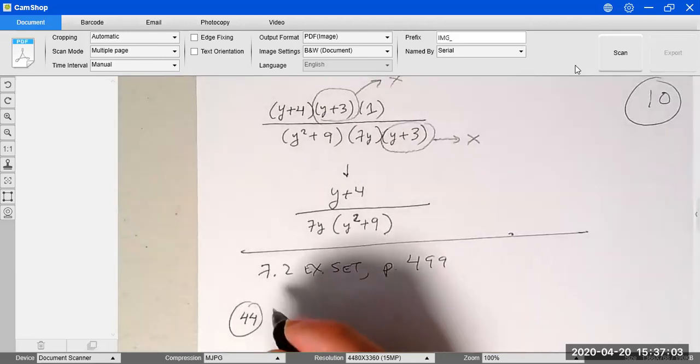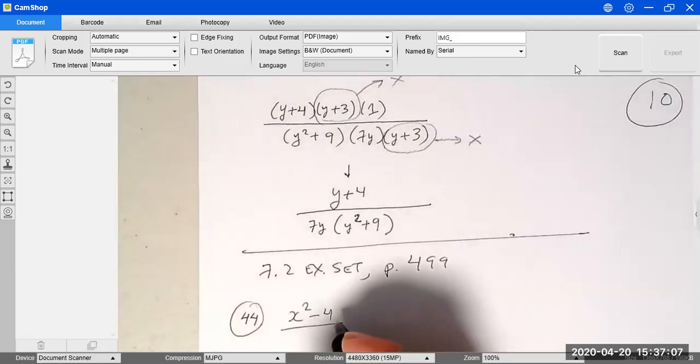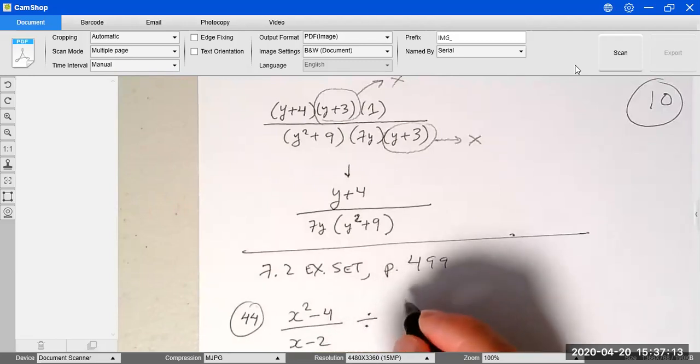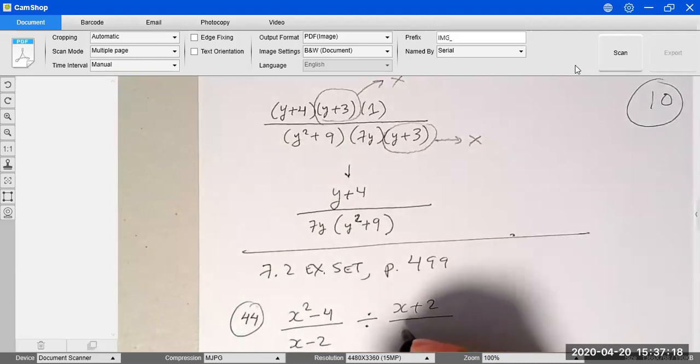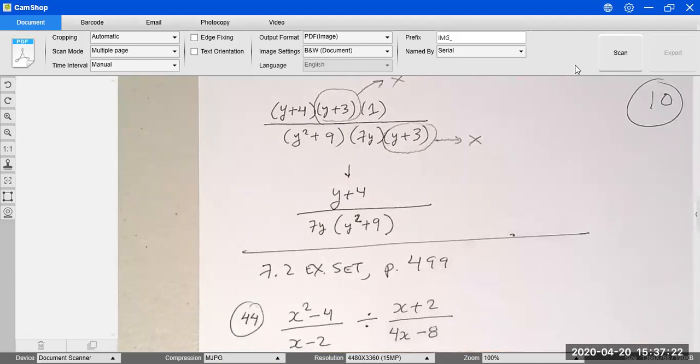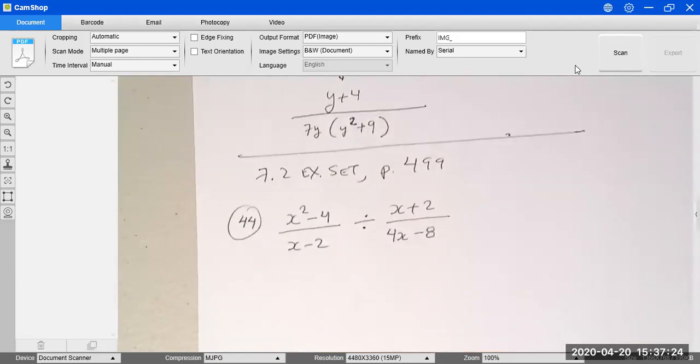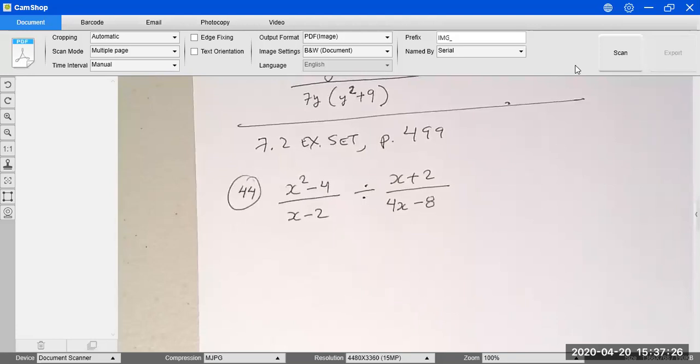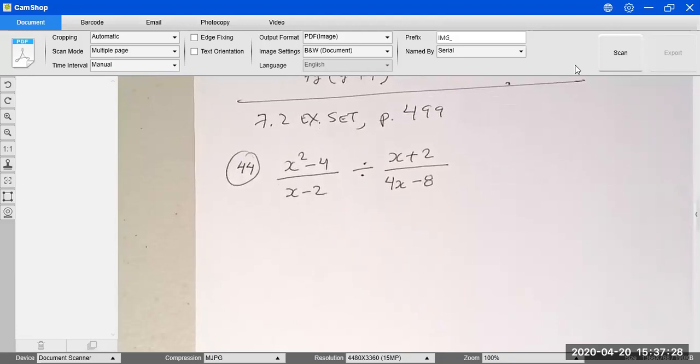So you're gonna divide x squared minus 4 over x minus 2. You're gonna divide this rational expression by x plus 2 over 4x minus 8. Then you're gonna solve problem 54, and that is gonna be all for today.